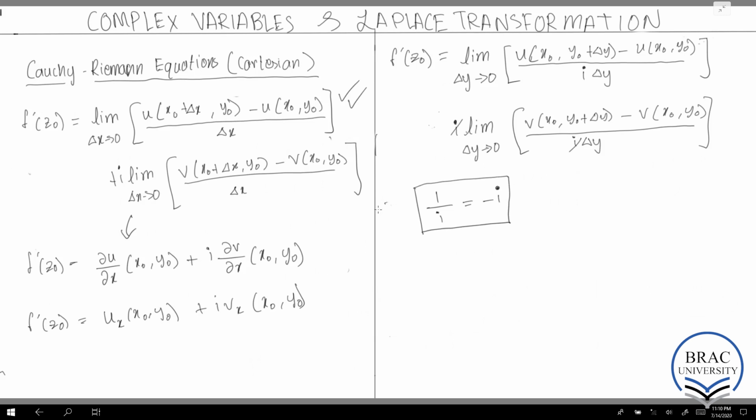So invoking this identity, we can take this i upstairs, which would give us the following breakdown, where we have the limit delta Y tends to 0. As you can see, what was the imaginary part has become the real part, and what was the real part has now become the imaginary part.